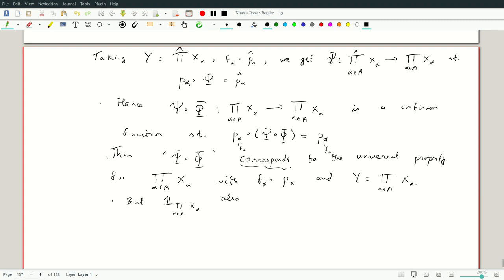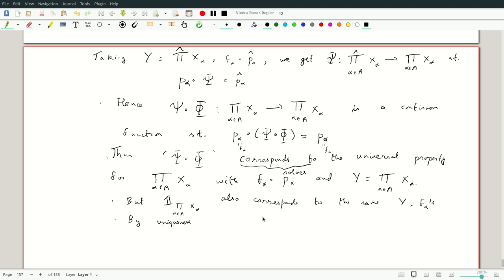You can think of it as also solving the problem, corresponding to the same Y and F alphas. Namely, what is the condition we need? We need P alpha composed with identity is P alpha, which is of course true. So the identity also does.